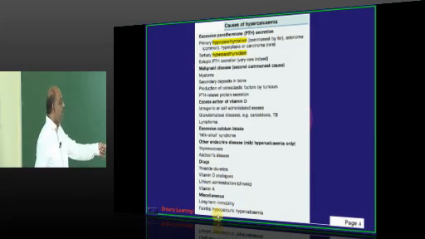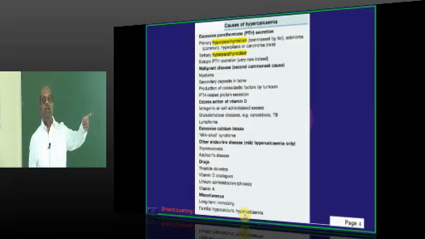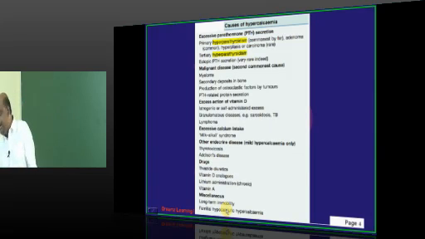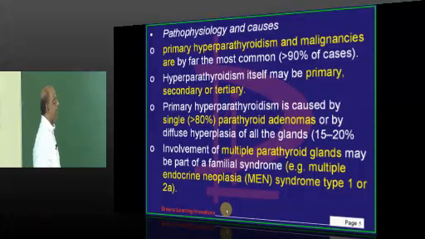And there is an entity called familial hypocalciuric hypercalcemia. That is, kidneys will be secreting less amount of calcium into urine, and that leads to development of hypercalcemia, called familial hypocalciuric hypercalcemia, is what you have to basically remember.